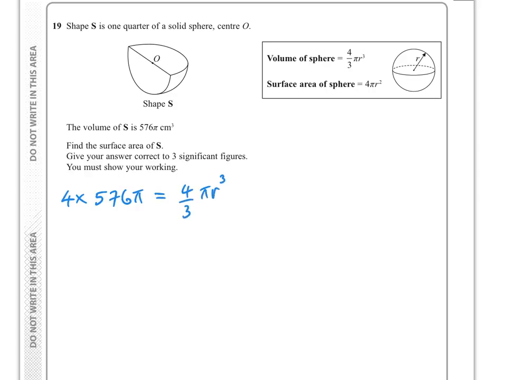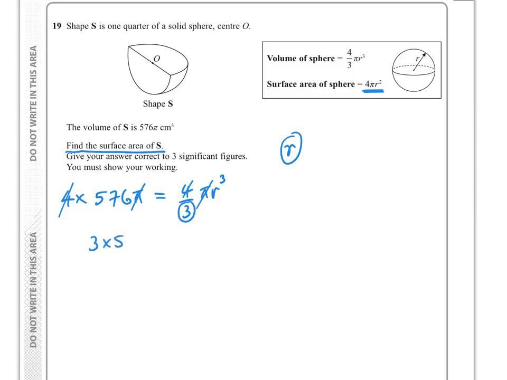The reason I've done that is because I want to find the value of r first, because that's not given at all in the question and we're going to need it. To enable us to find the surface area of S, we've got to use this formula, so we're going to need r. On both sides we can divide through by pi and we can divide through by 4.